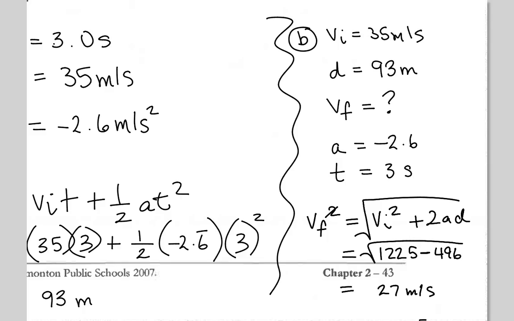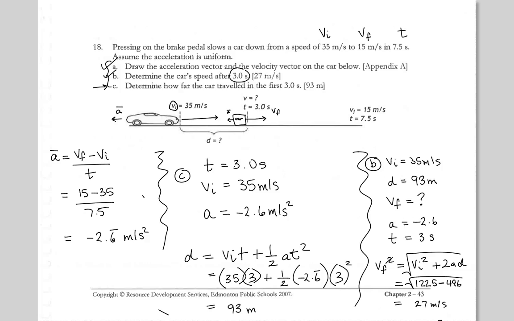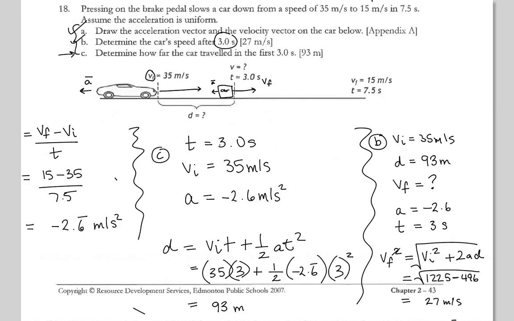So what I'm trying to demonstrate here with this problem is that there are multiple ways to get the same results. You just have to be mindful of what you have and what you want. And this is so true in your math and physics in high school. If you can just identify what you have and what you want, and you pick the right formula and you can sub stuff in and do algebra, you should be generally okay.